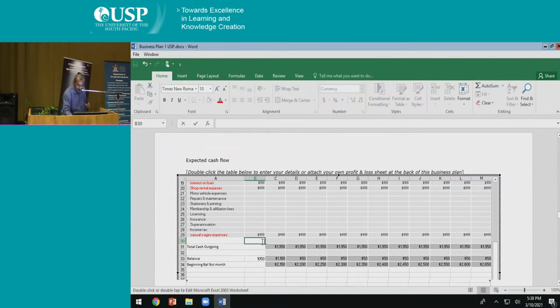What's the total here, people? $1,950, right?